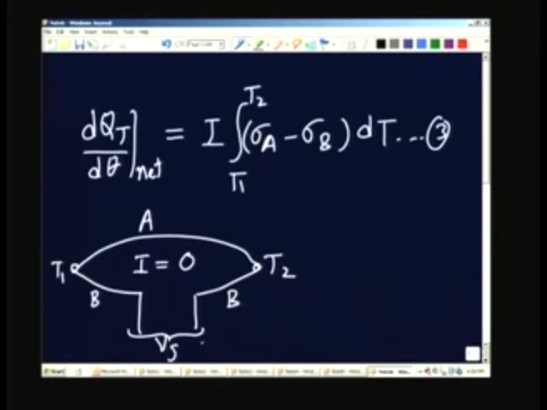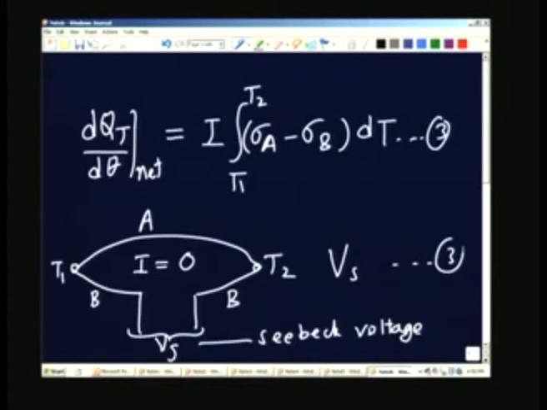This is called the Seebeck voltage, and that is going to appear across the cut. So, Vs is the fourth quantity which is going to be involved.